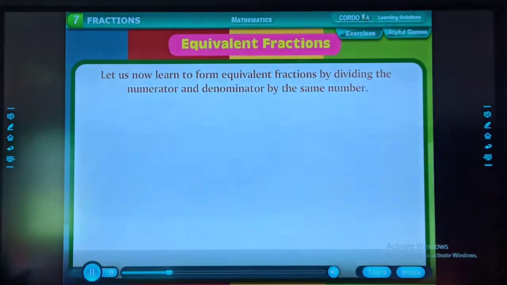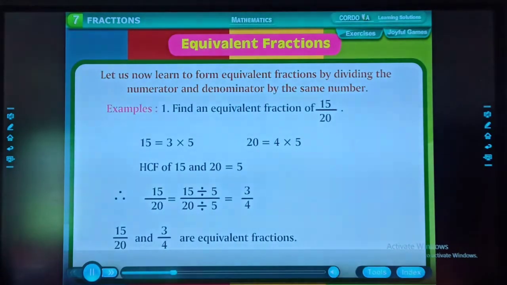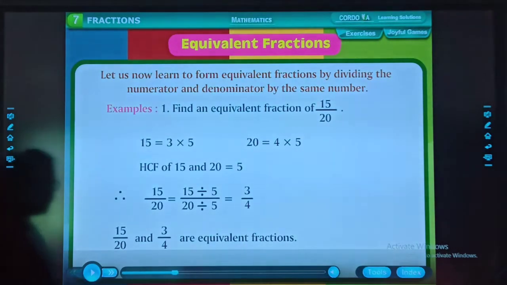Equivalent fractions. Let us now learn to form equivalent fractions by dividing the numerator and denominator by the same number. Example: find an equivalent fraction of 15/20.